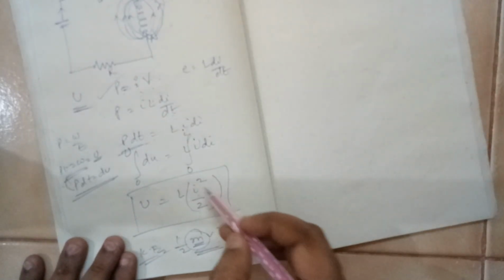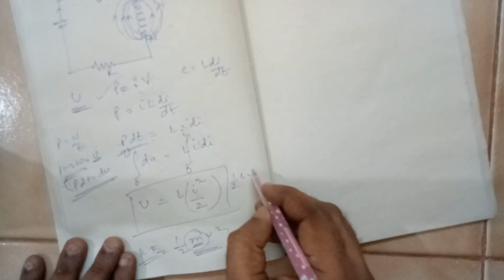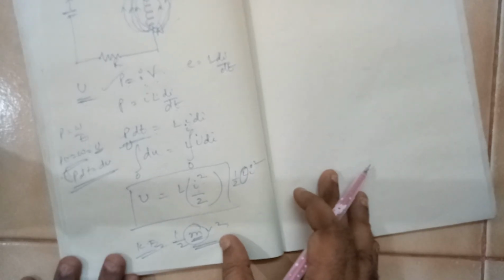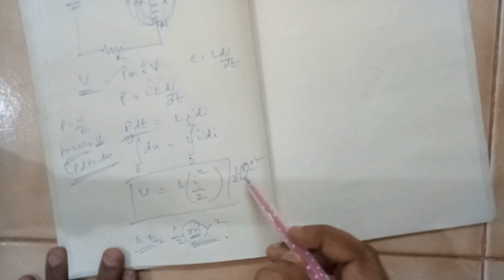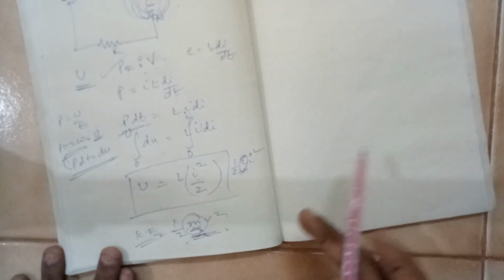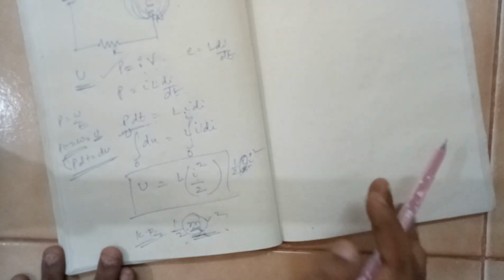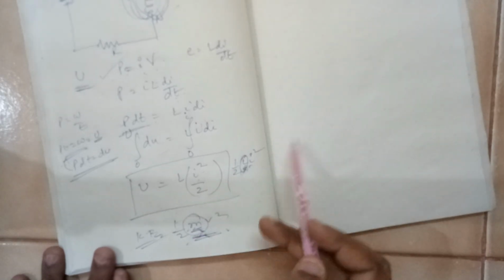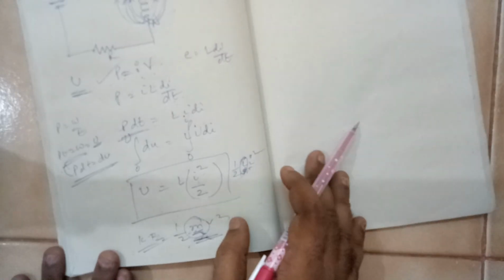So when this equation is written in the form L I square, an analogous thing happens. Often these two equations are compared. So here it is a mass inertia, and this is a kind of inertia in the circuit. Although they are not the same, but analogously they appear to be the same.